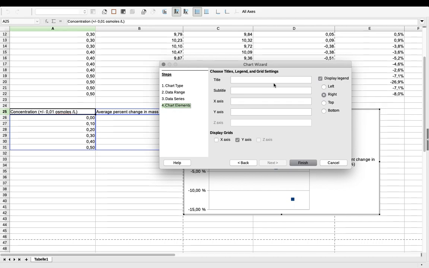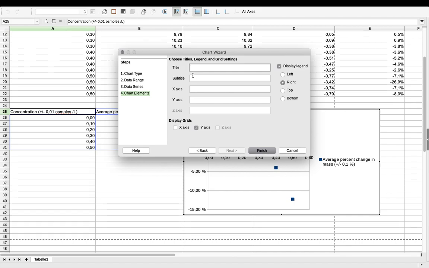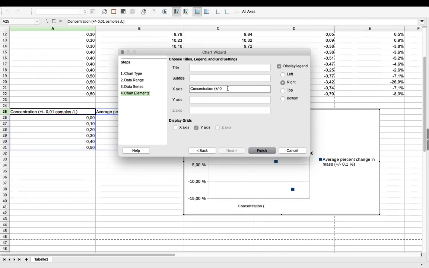The chart elements I definitely want to include. Give your chart a meaningful title that makes it clear to your reader exactly what this chart is showing. Meaningful titles are usually pretty long and descriptive. The x-axis is the concentration. And again, always include the measurement uncertainty and the units.